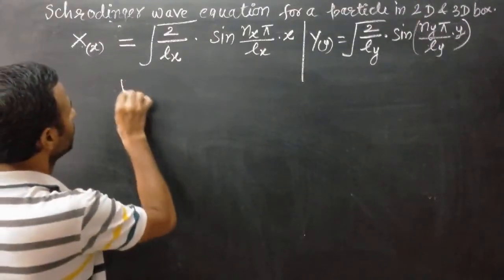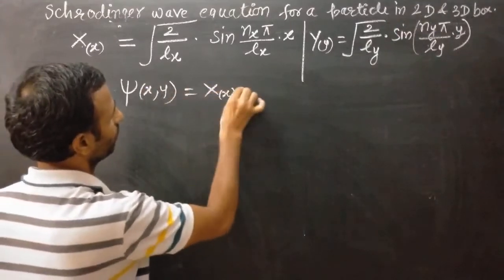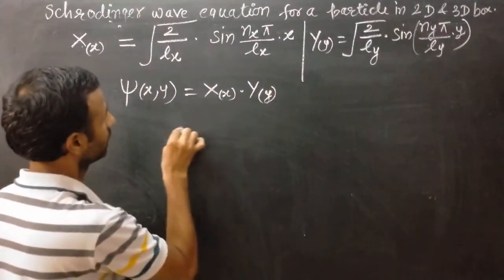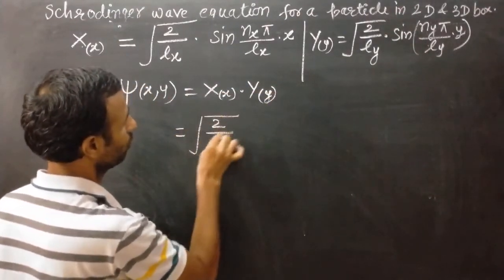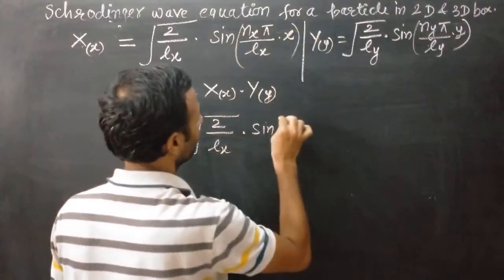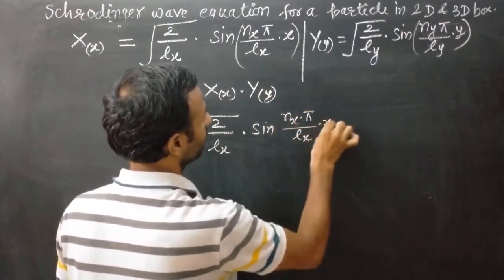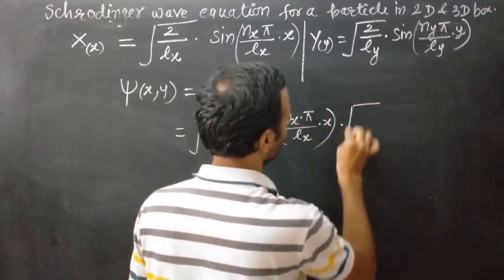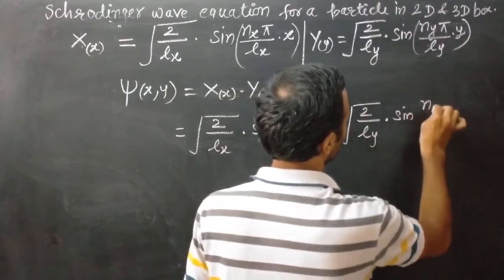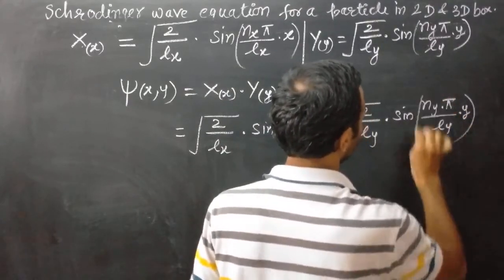And you know, ψ(x,y) is equal to X into Y. So it is equal to √(2/Lx) sin(nxπx/Lx) into √(2/Ly) sin(nyπy/Ly).